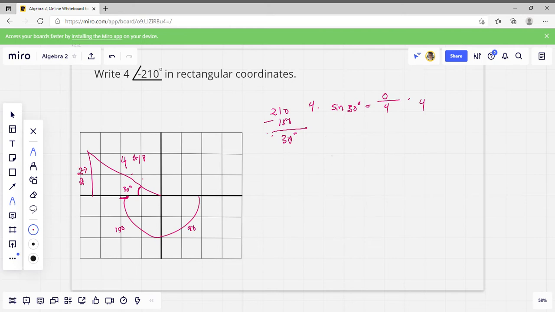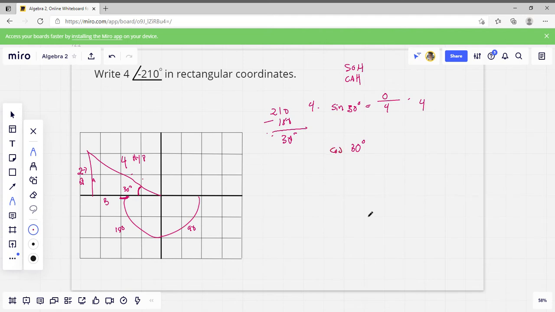So that'll be A. Here's B, down here. And for this one, actually, we're going to use cosine. So, CAH.